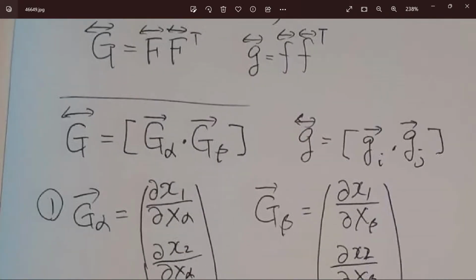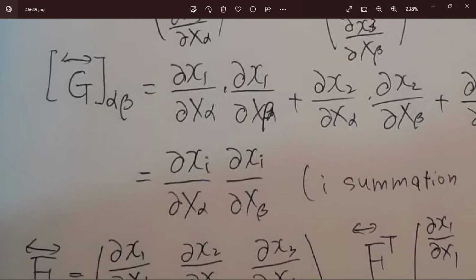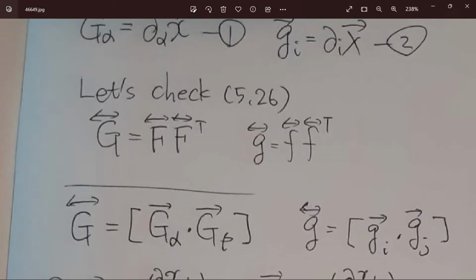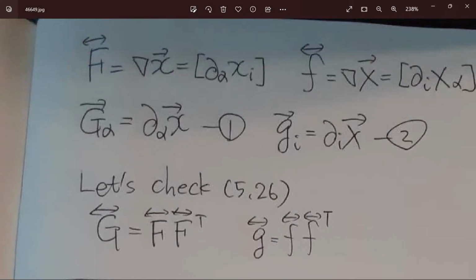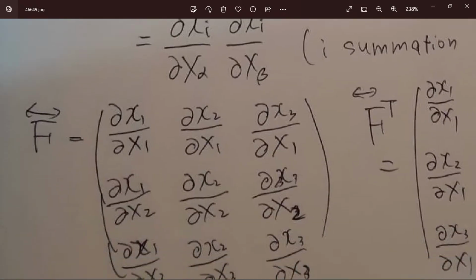F is more like a 3 by 3 matrix. You can see here, the F tensor goes like alpha i, alpha i. That means alpha is first, i is second, right?